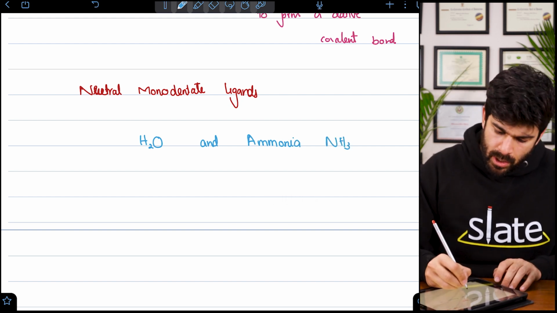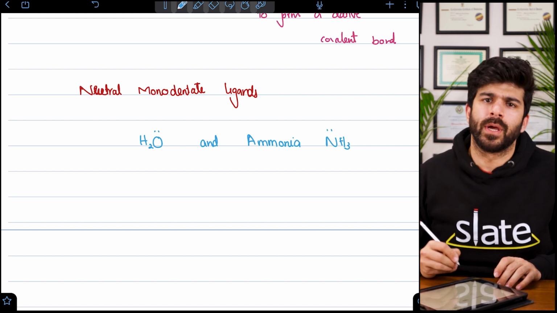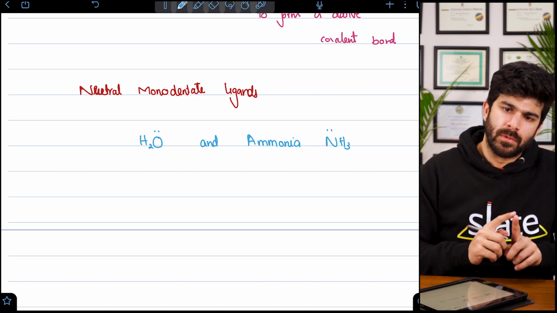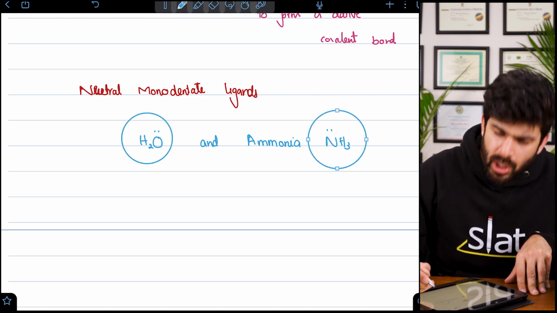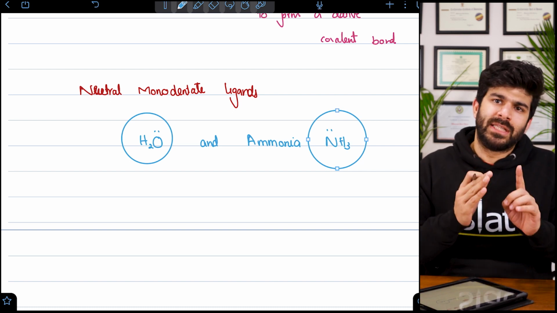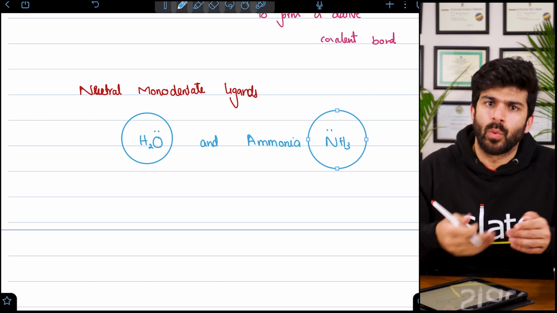Now here, water's oxygen has a lone pair and here nitrogen has a lone pair, and they share this lone pair. They do not have a charge. As you can see, there is no charge. So they are neutral ligands. They can form dative bonds with the central metal atoms or ions, which we would see.